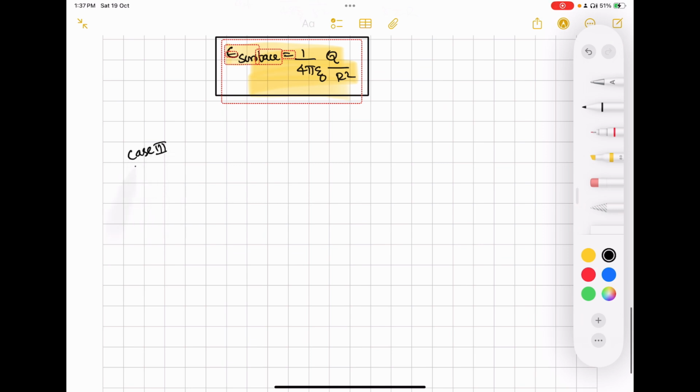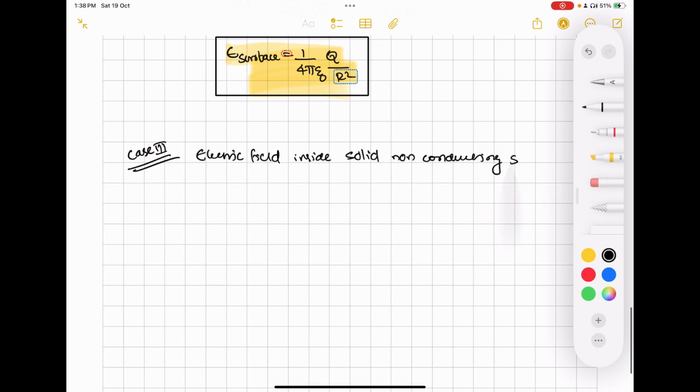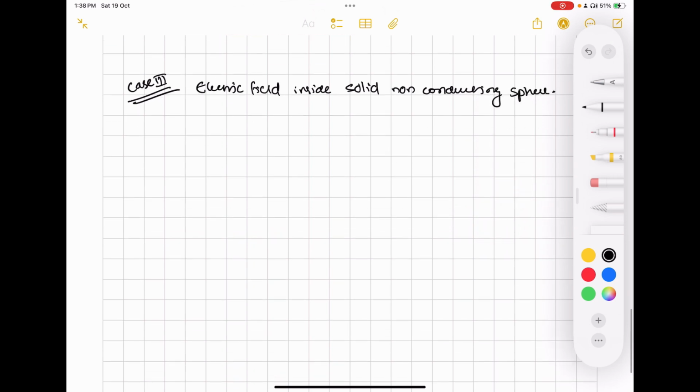Case 3, electric field inside solid non-conducting sphere.